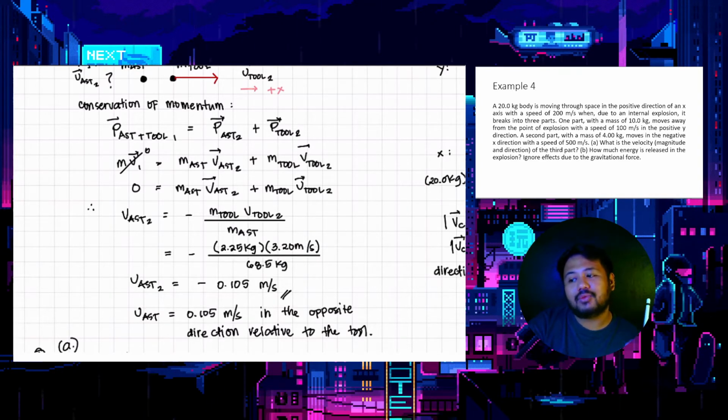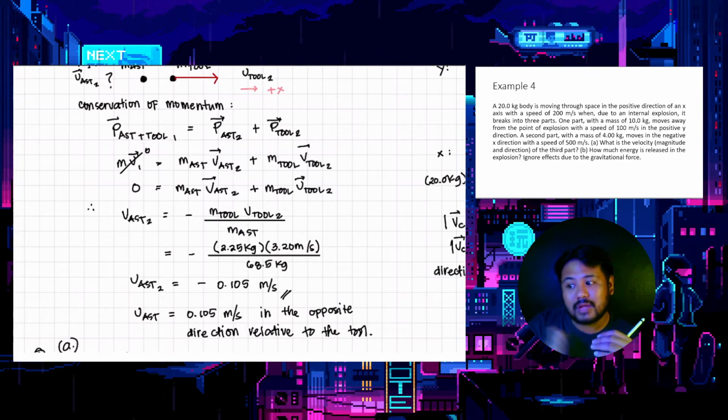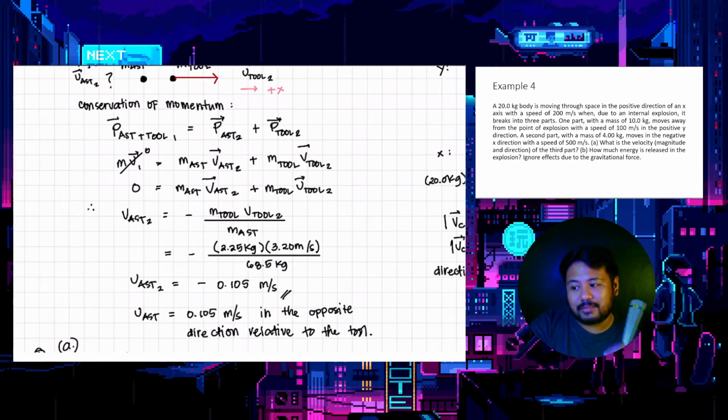A second part with a mass of 4 kilograms moves in the negative x direction with a speed of 500 meters per second. So that's going to the left. A. What is the velocity, magnitude, and direction of the third part? B. How much energy is released in the explosion? Ignore the effects of the gravitational force.